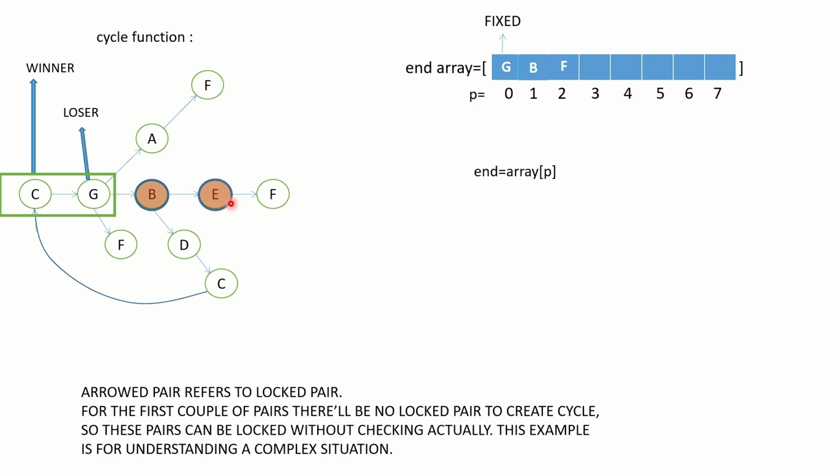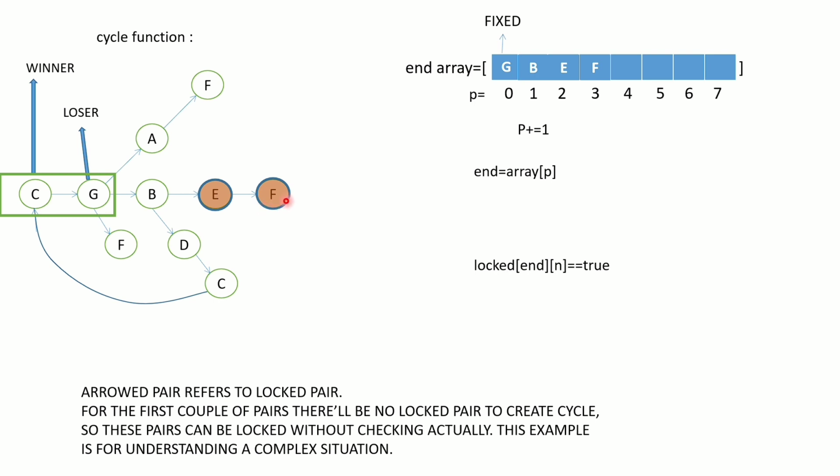And again we can go forward and increase the value of p by 1 and change array[2], that means array[p], to E. We have to go forward again, and now E is winning over F. So we'll increase the value of p again. The value of p is 3 now, and array[3] is F.